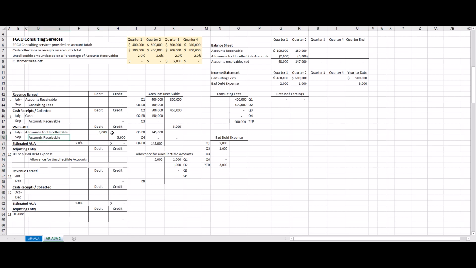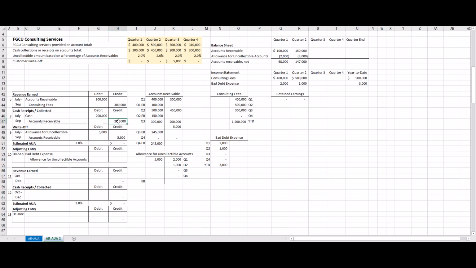The third quarter journal entries and general ledger postings include the debit to accounts receivable and credit to consulting fees for $300,000 of revenue. There's also a debit to cash and a credit to accounts receivable for $200,000 of customer cash receipts.